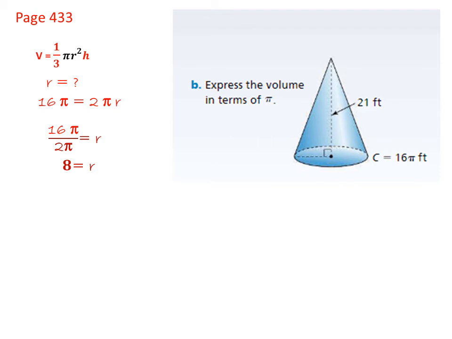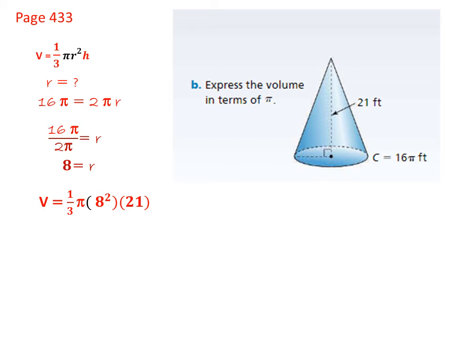So we can find the value of the volume of this cone. Substitute now. V equals 1/3 pi. The question says in terms of pi. Express the volume in terms of pi. So leave pi as it is. And instead of r, r is 8, so 8 squared multiplied by 21.